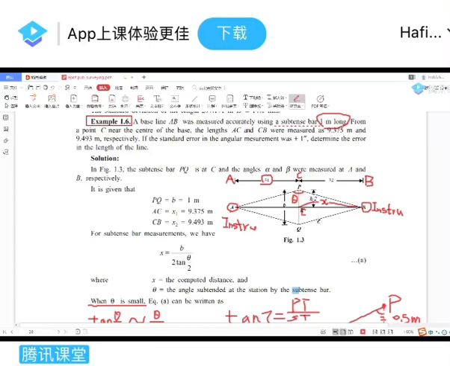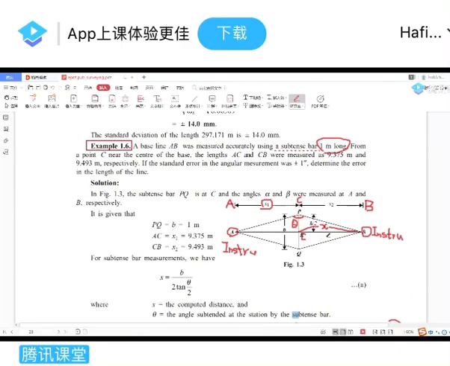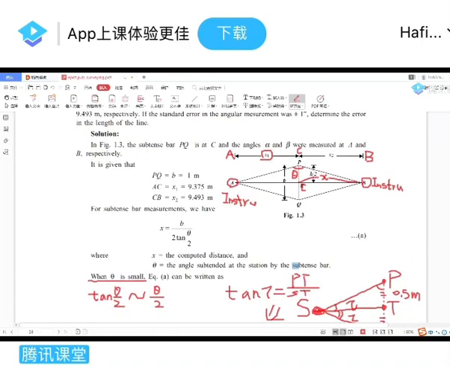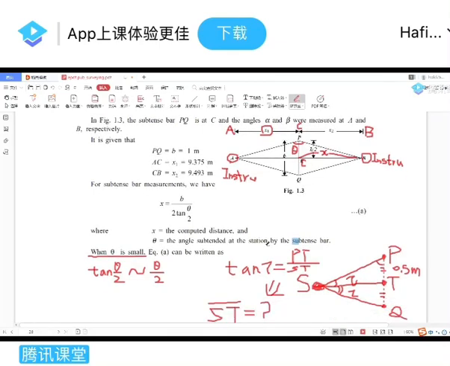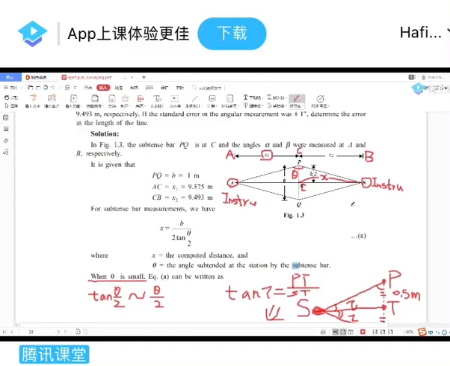You do the same thing. You don't move the substance bar, just fix it. Then you move your machine to the other side, to B, and measure the angle. Then you just use exactly the same method, and you will get this distance, the result you need.